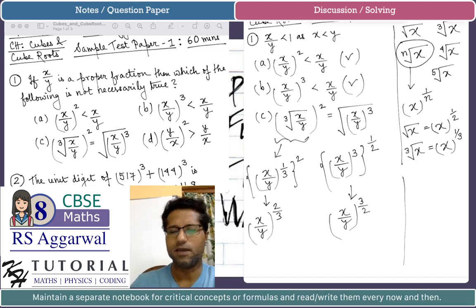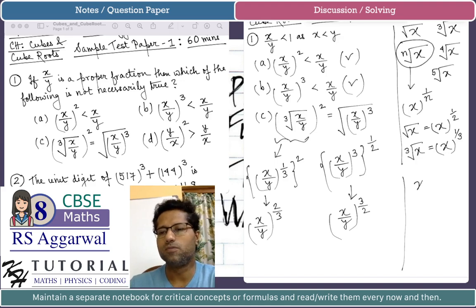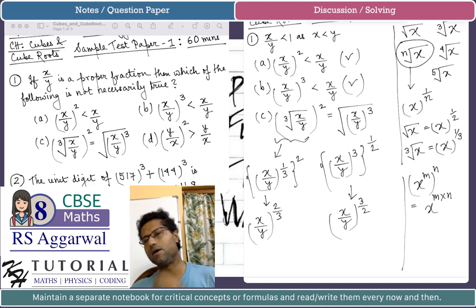The concept is that x to the power m, where x is some non-zero rational number, and that whole raised to the power n is equal to x to the power m into n, where m and n are rational numbers.